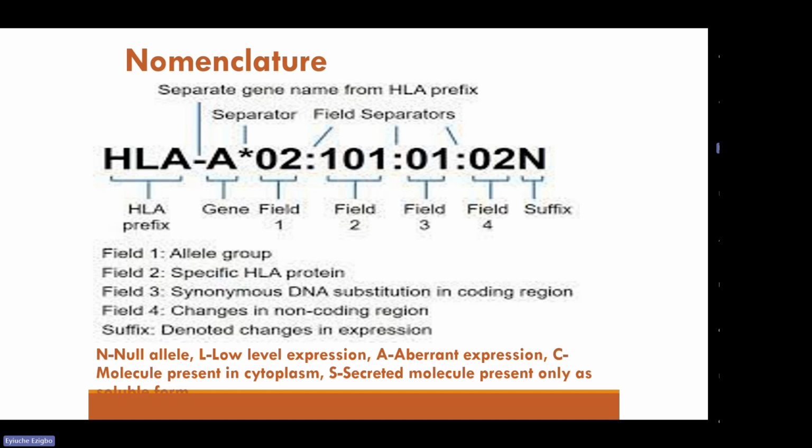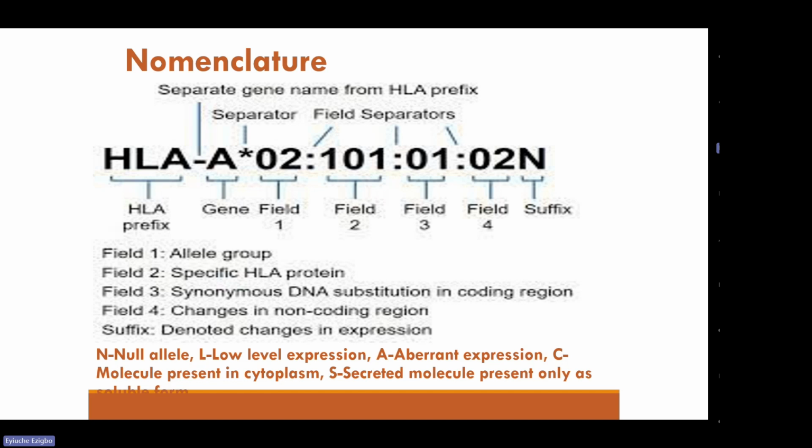Then this suffix alphabet denotes changes in expression. N shows that it is a null allele that is not being expressed. If it is L, it shows a low level of expression. If it is A, it means aberrant expression. C is a molecule present in the cytoplasm.